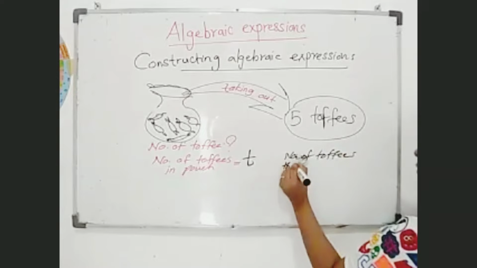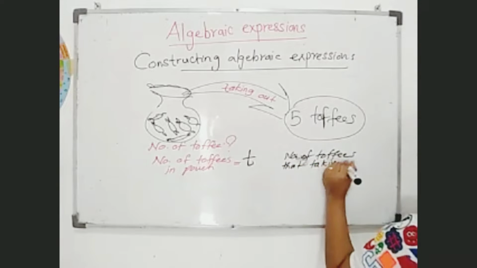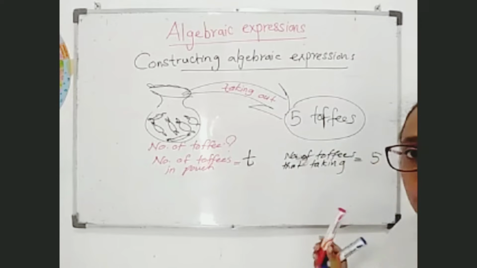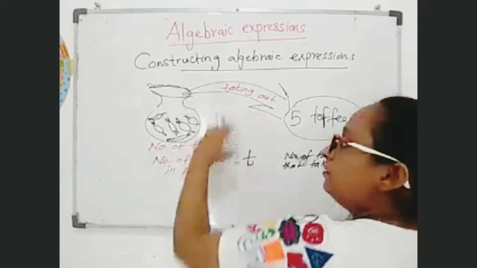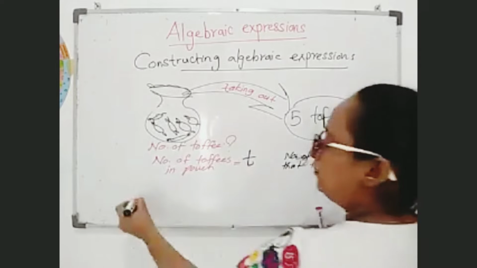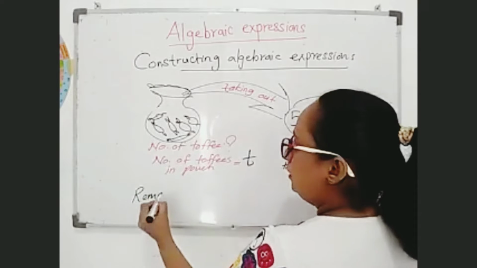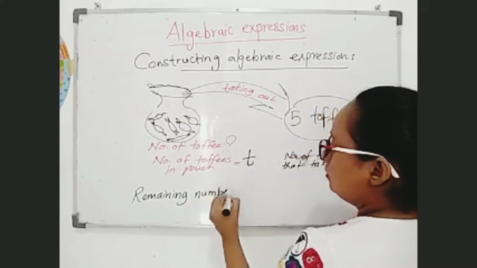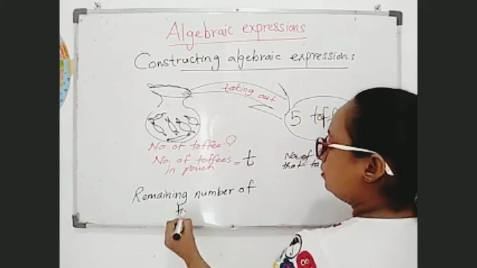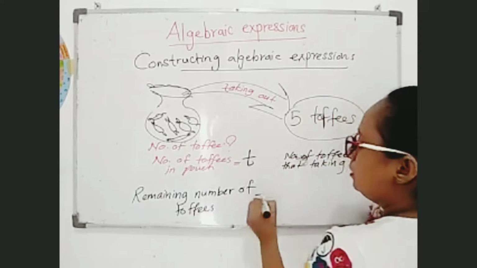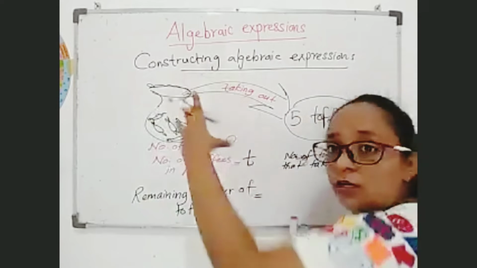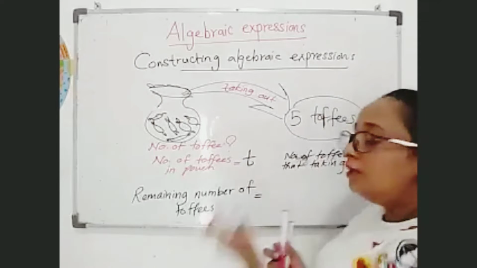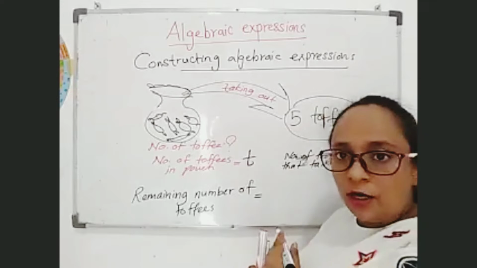That I am taking out, right? That is 5. That I know how much I took. So if I want to find the remaining number of toffees in here, then from the total amount that is in the pouch, the total number of toffees in my bag, I have to subtract the number I took.